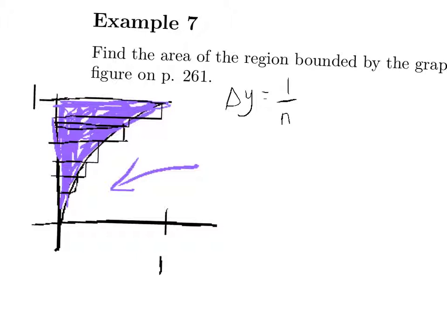Now, instead of left and right endpoints, we can talk about upper and lower endpoints. We need to come up with an expression for either the upper endpoints or the lower endpoints. Which one of those is going to be most similar to the right endpoints? Remember, right endpoints are a little bit easier.